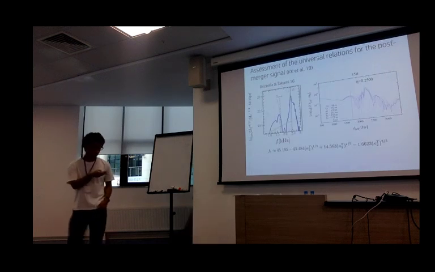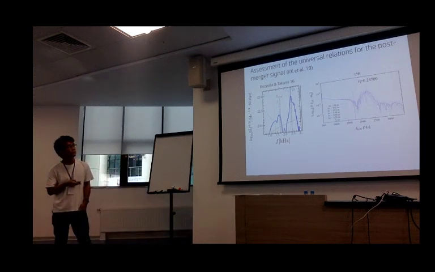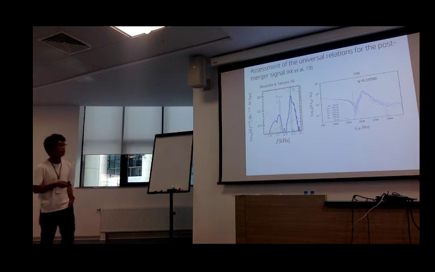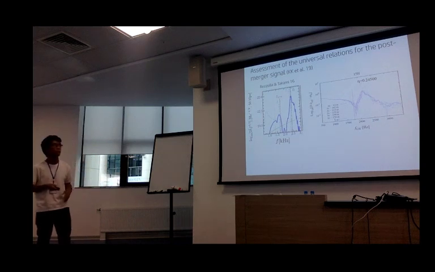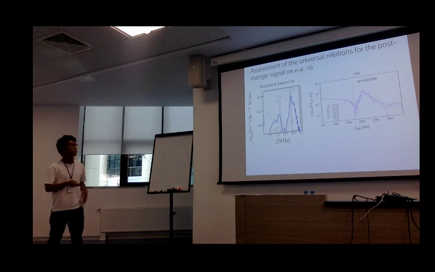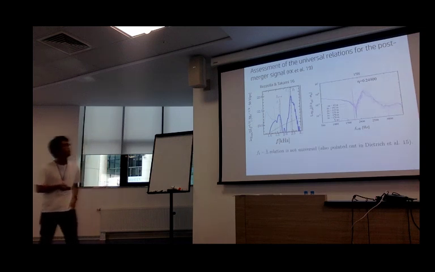Here is a symmetric binary, and as asymmetry increases, the F1 peak disappears. We found that this trend doesn't depend on the equation of state or binary mass. So we conclude that the F1 universal relation is not universal.